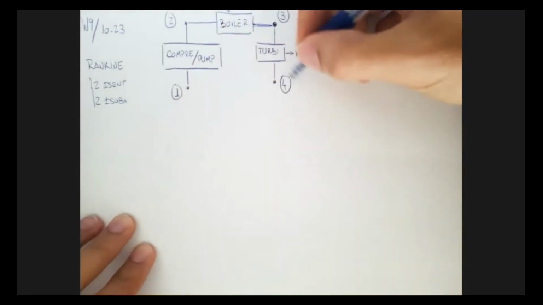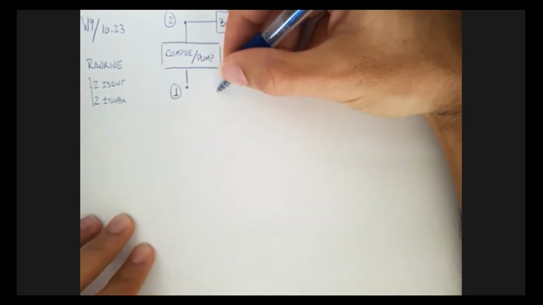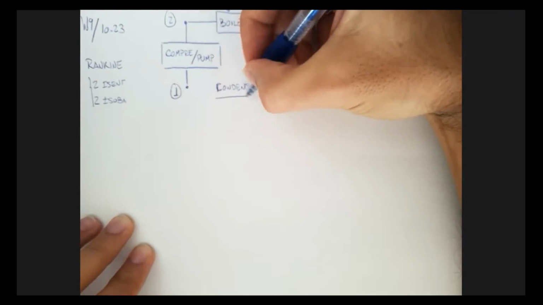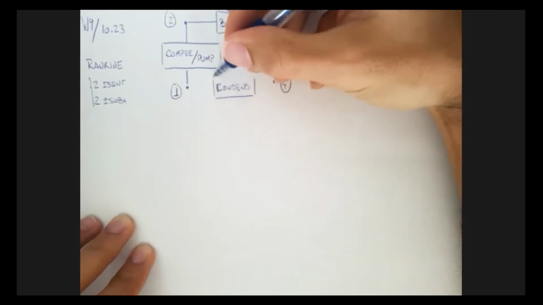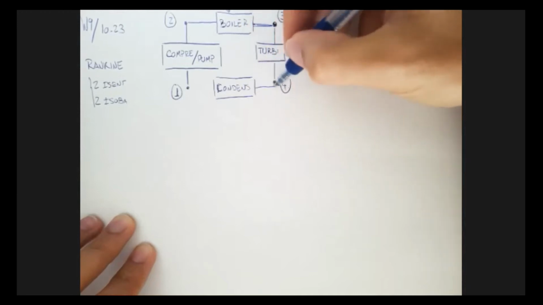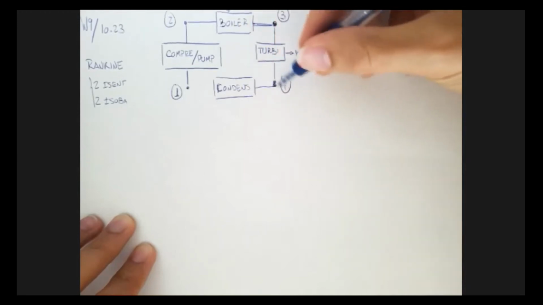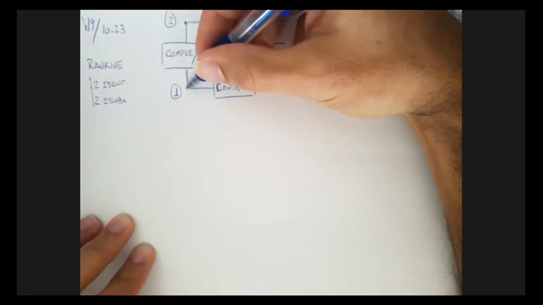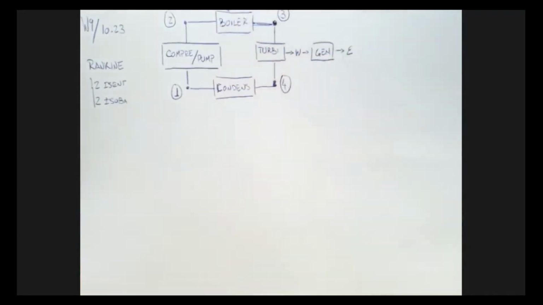Not to say this doesn't have a lot of useful energy. So we're going to have a condenser here. And the condenser is literally doing what you would expect. It's condensing the vapor back into water. So the job of the condenser is to get all the water that's in the vapor form, and make sure that when it reaches state 1 again to go back into the compressor, it's all in liquid form again.